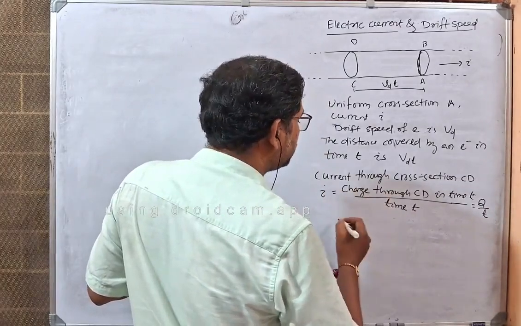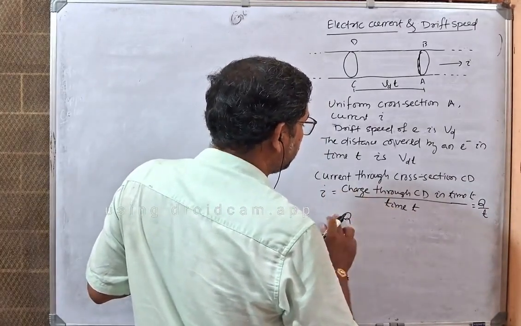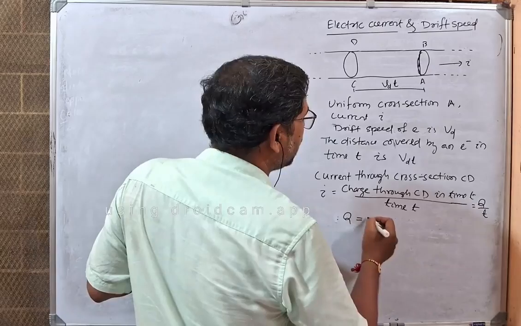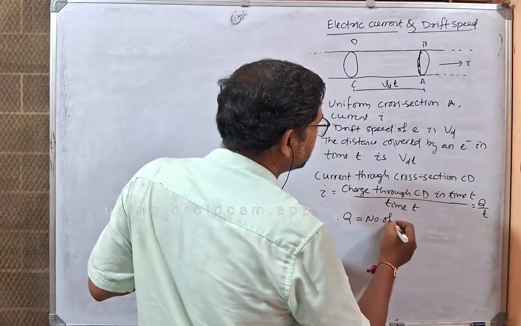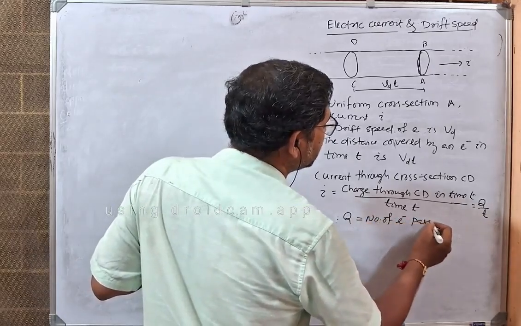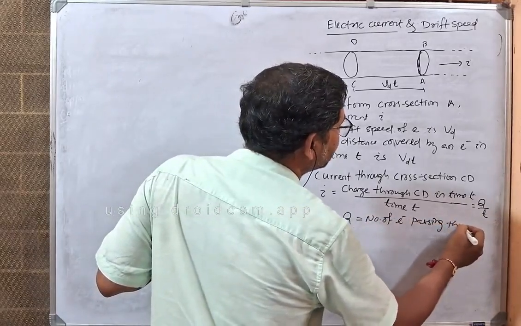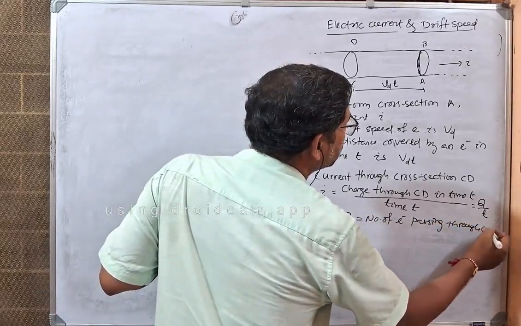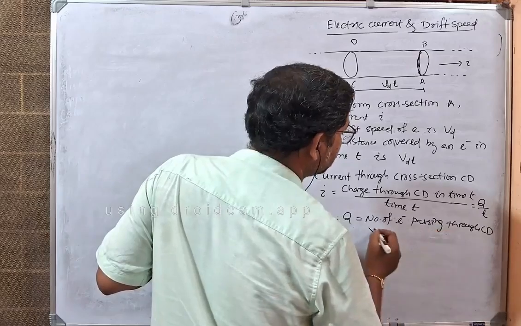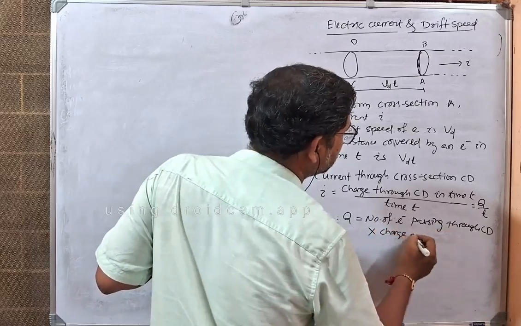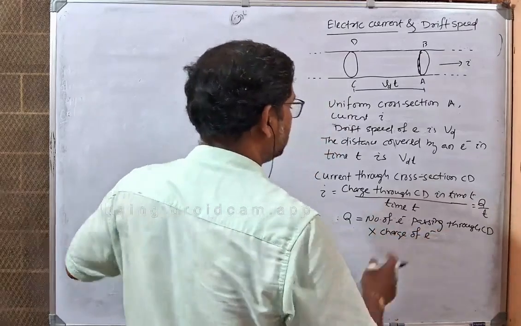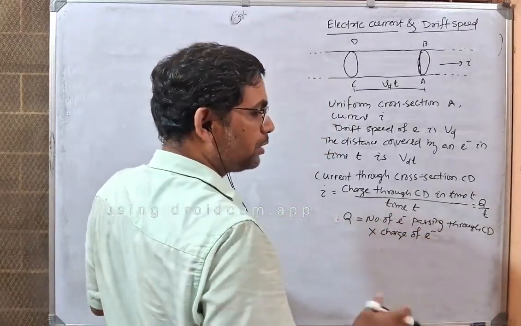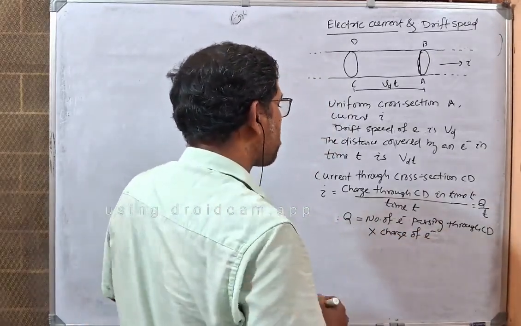So what will be the charge q? Q will be the number of electrons passing through CD times the charge of the electron. This is the net charge: number of electrons into charge of electron.